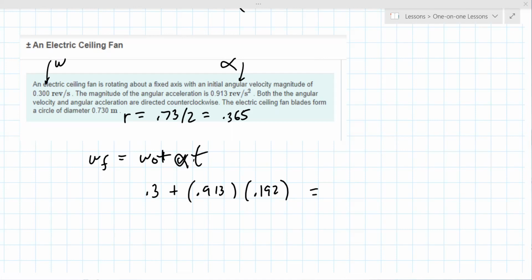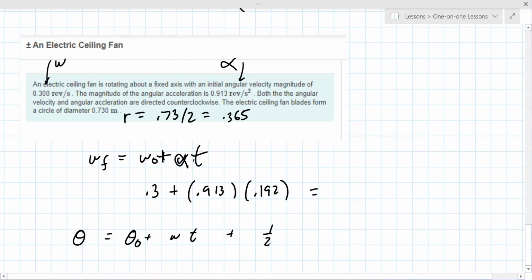The number of revolutions in that amount of time is theta. Theta equals theta 0 plus omega t plus 1/2 alpha t squared.